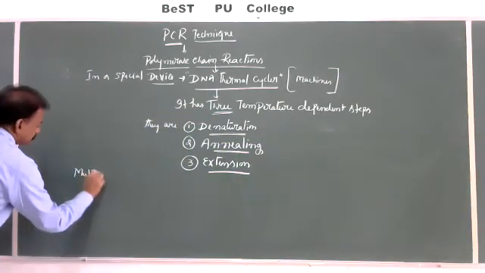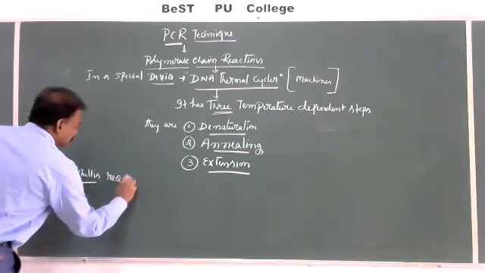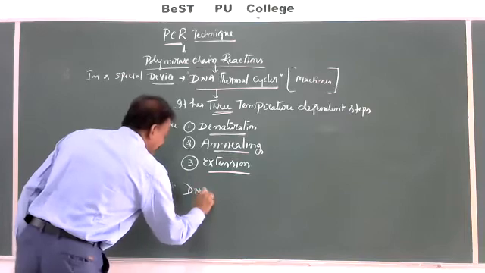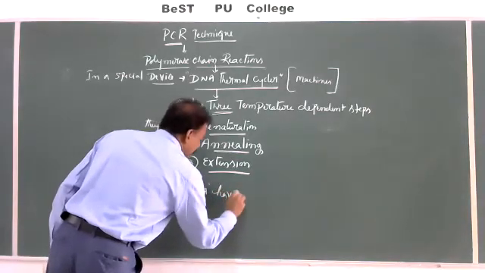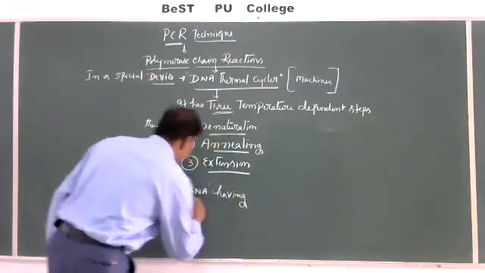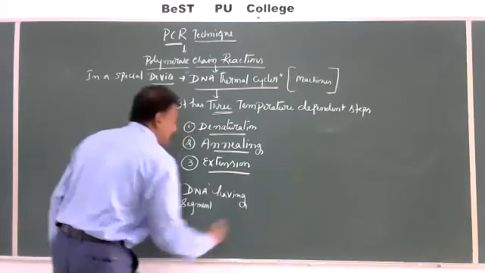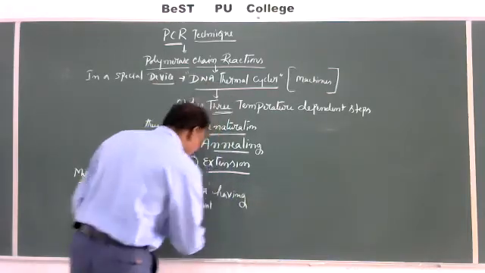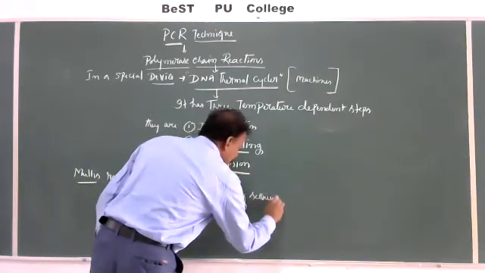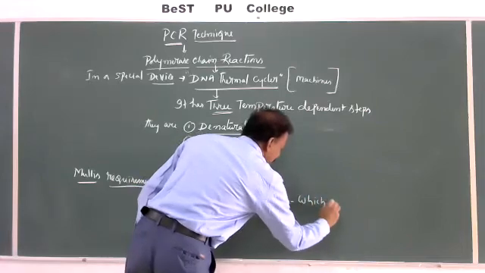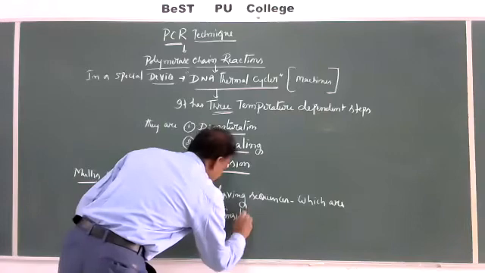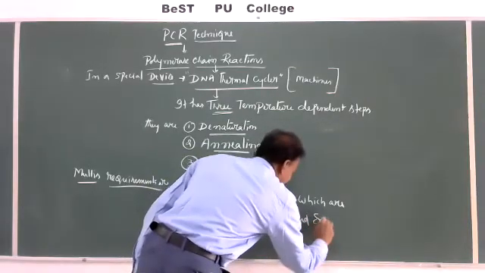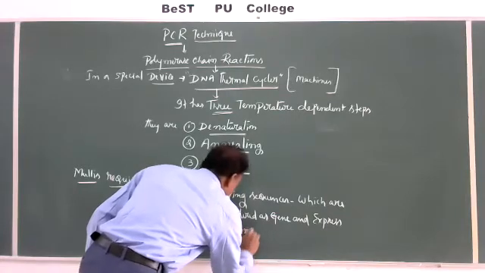Mullis's requirements are, first, DNA, a DNA segment having sequences which are considered as a gene and express some character.